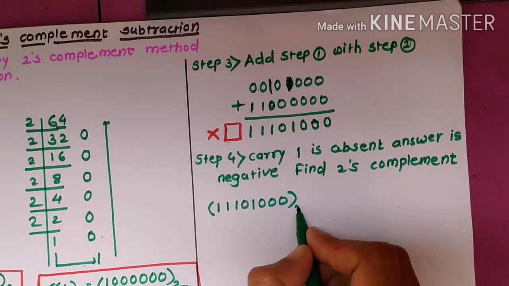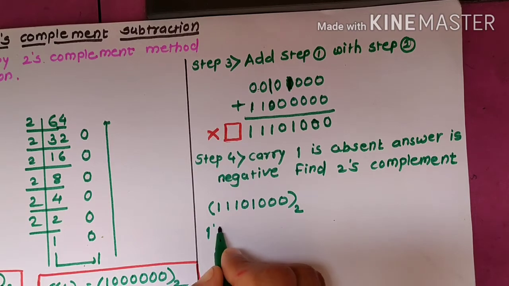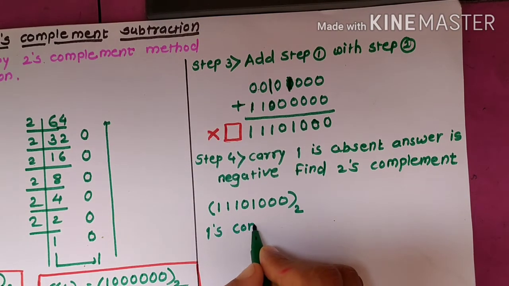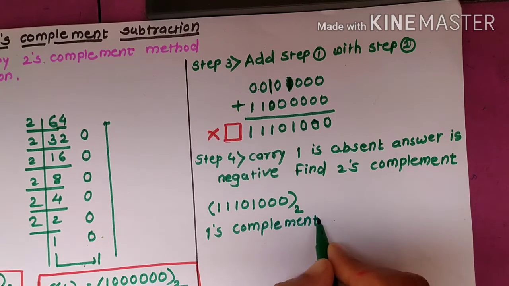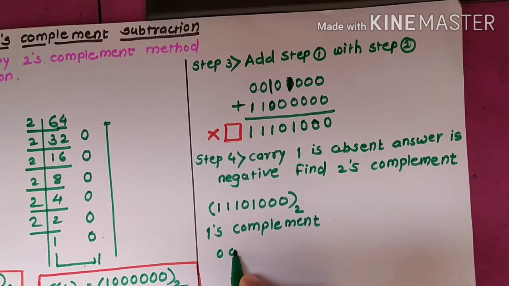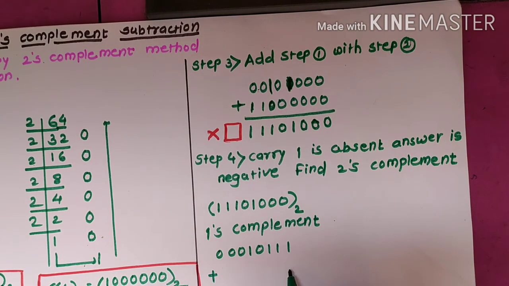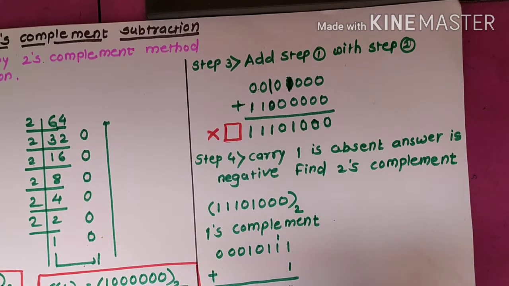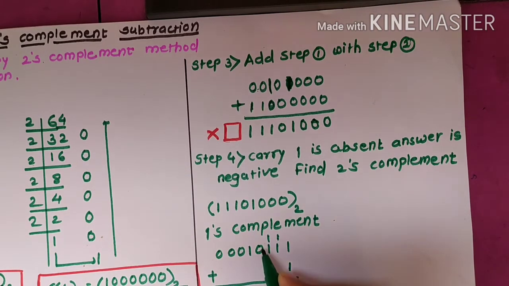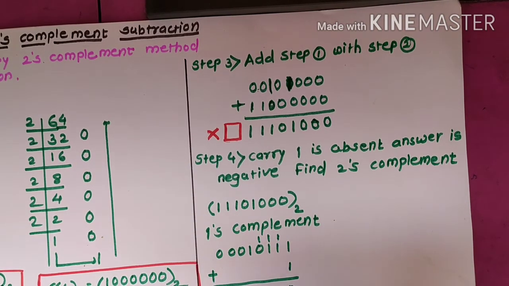Okay, so 1's complement of the number will be 00010111, and by adding 1 we'll get 2's complement. 1 plus 1 is 0, carry 1, 1 plus 1 is 0, carry 1, 1 plus 1 is 0, carry 1, 0 plus 1 is 1, and this 1 as it is.